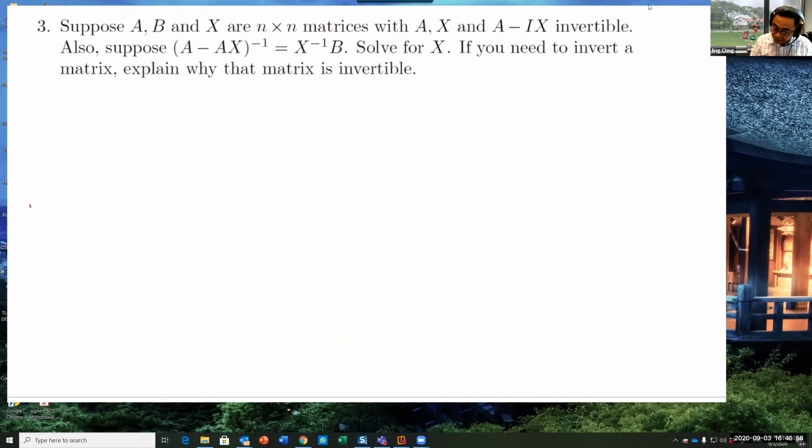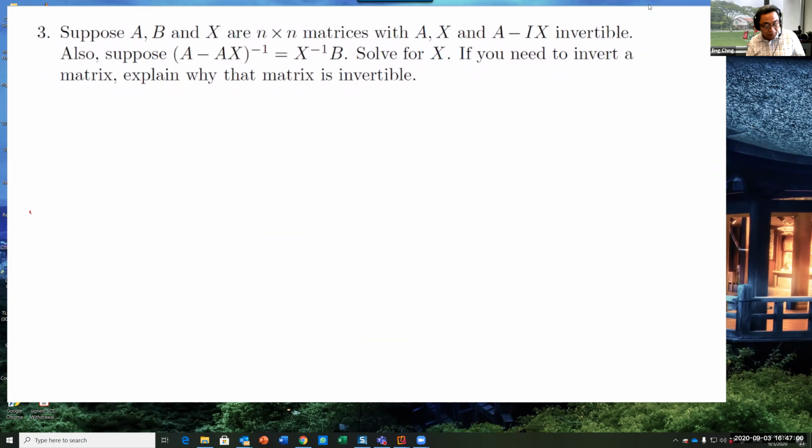Now, in question 3, let's read the questions again. A, B, X are n by n, so they are square. Remember that only square matrices are invertible.